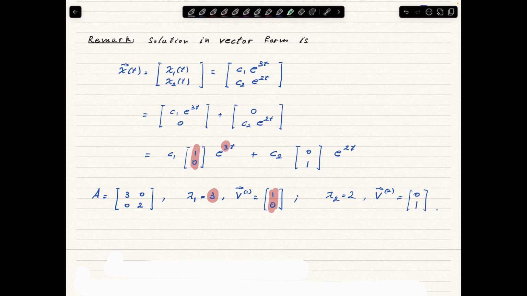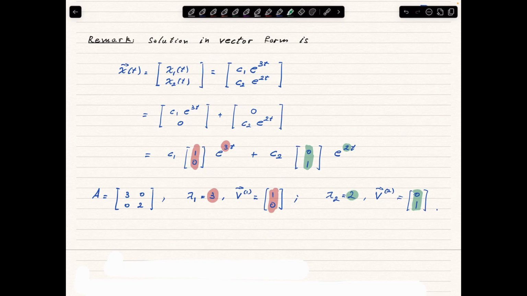And for the other term, we have this vector here, which is exactly the other eigenvector, multiplied by an exponential that has precisely this eigenvalue.